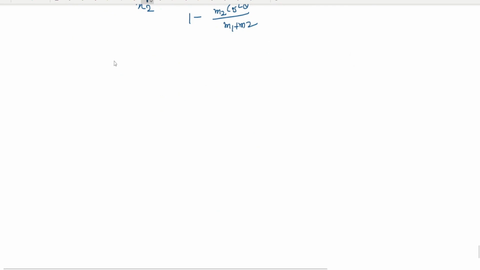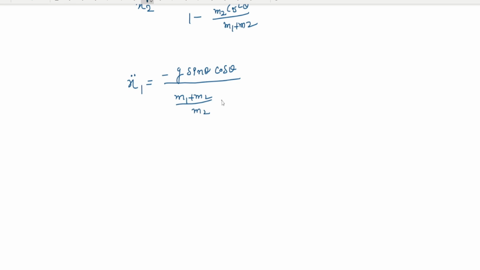And this is the equation of motion of the inclined plane: x double dot 1 equal to minus g sin theta cos theta divided by (m1 plus m2 divided by m2) minus cos square theta. Okay, so this is all about the inclined plane.